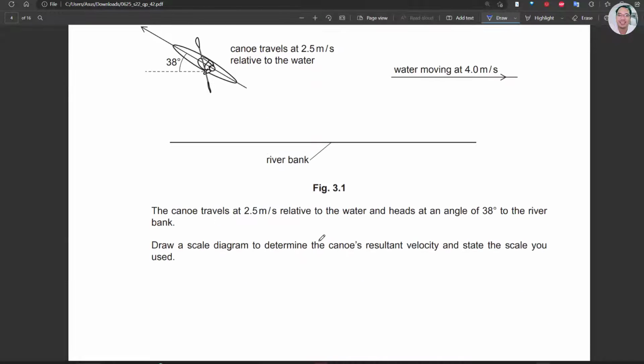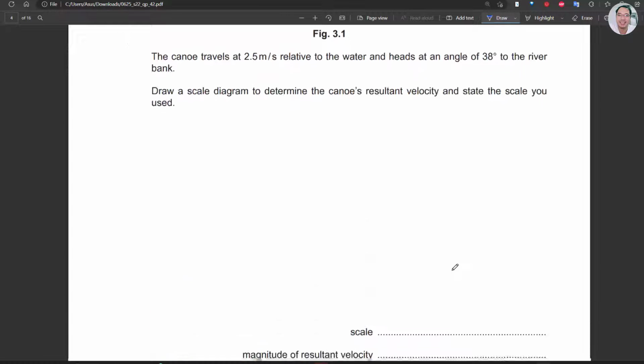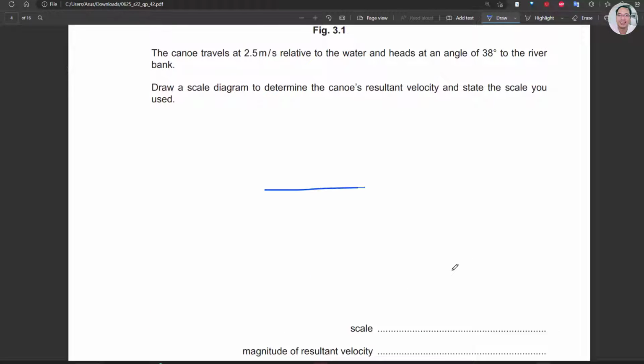The velocity relative to the water is 2.5 meters per second, but it is very important to understand what it means by relative to the water. The water is moving at 4 meters per second. You can draw 4 centimeter, where each centimeter represents 1 meter per second.